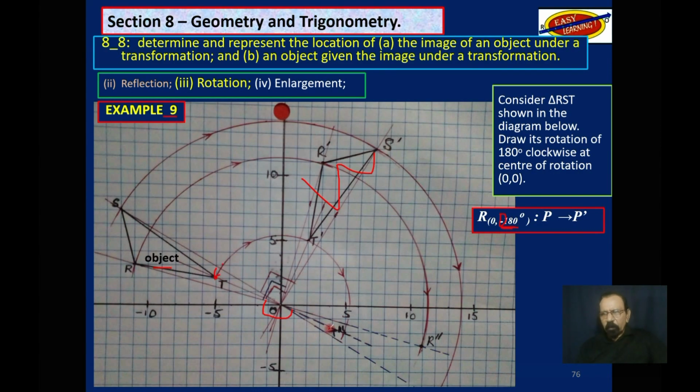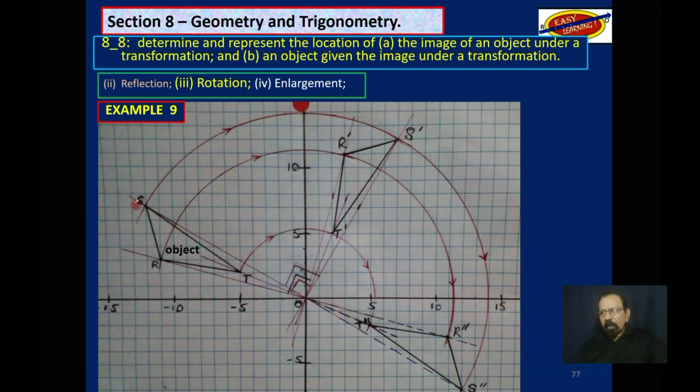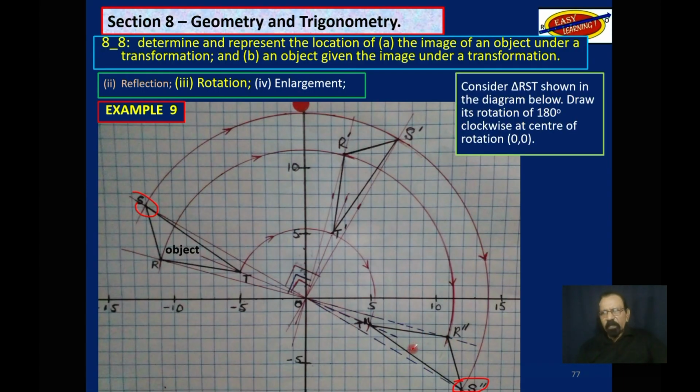So T becomes T double prime. R following this line becomes R double prime. And S following that circle there becomes S double prime. You have those points, draw the line, and you have the image at 180 degrees clockwise with the center of rotation at 0, 0.